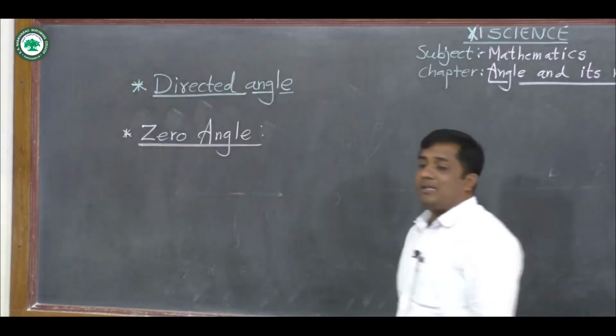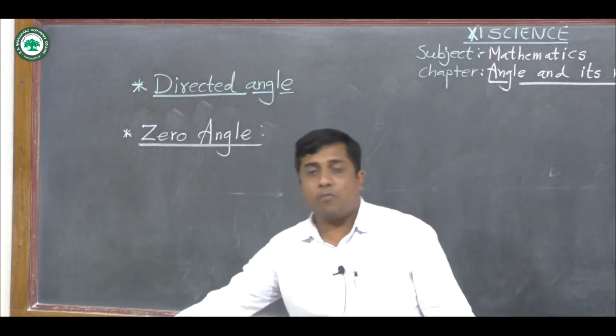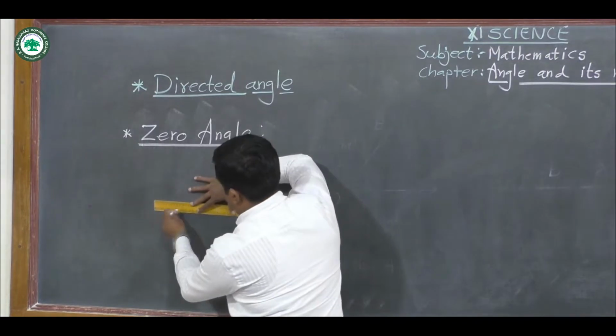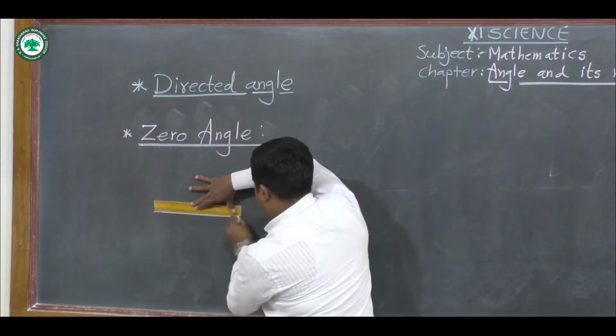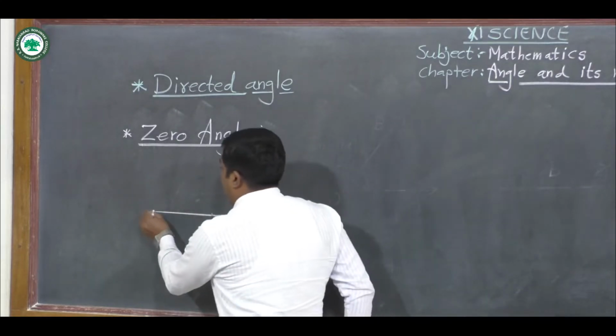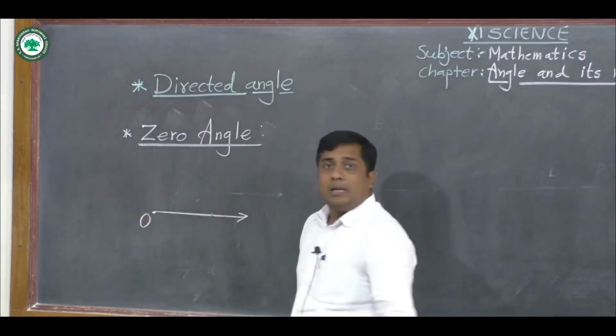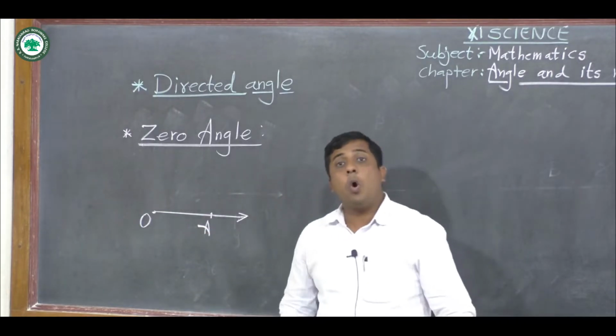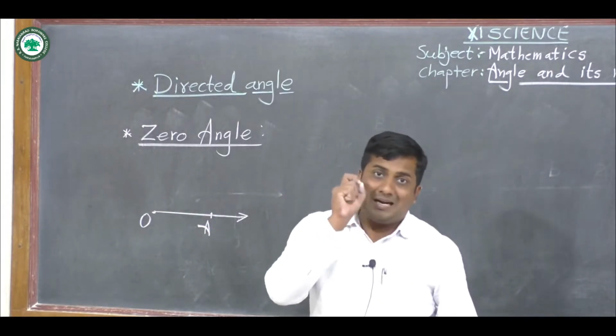To define this zero angle, we consider one figure. Here we consider origin O. Let A be the given point. Suppose this OA is our initial ray.